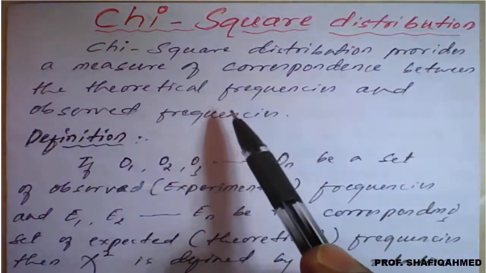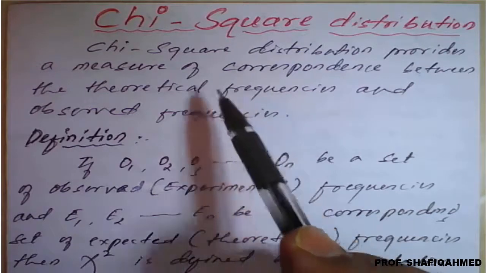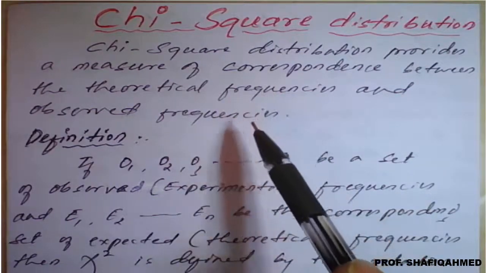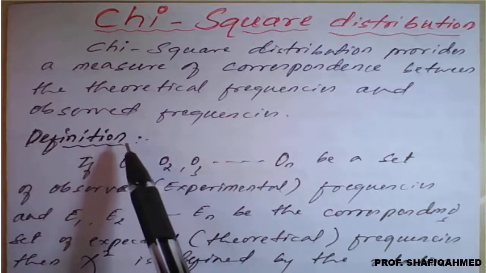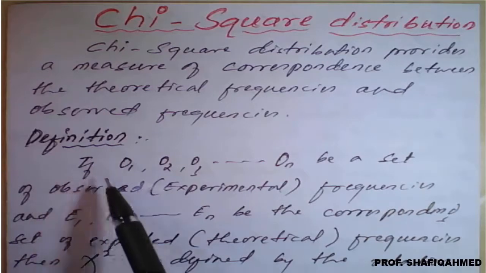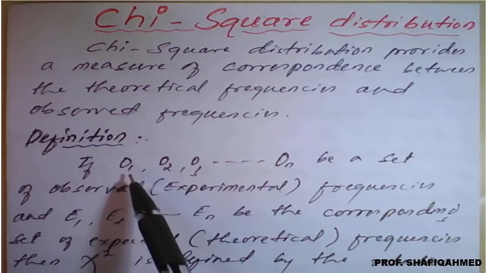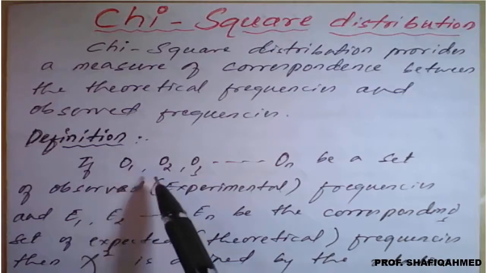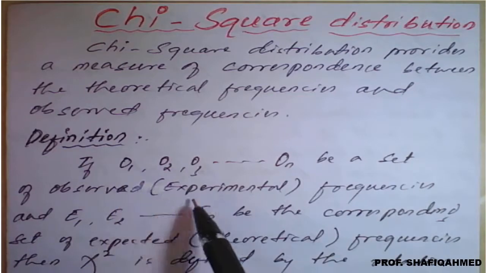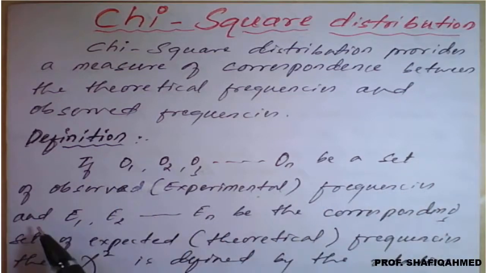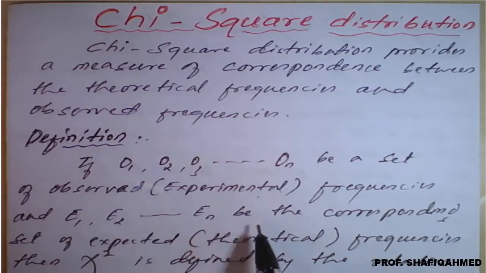Here they will give the observed frequency, we need to calculate the theoretical frequency, and then work it out. The definition of chi-square distribution: if O1, O2, O3, and so on, On, be a set of observed, that is experimental, frequencies, and E1, E2, and so on, En, be the corresponding set of expected, that is theoretical, frequencies.